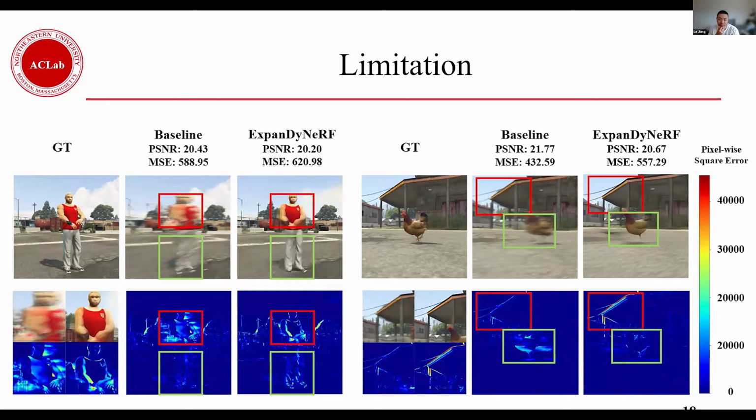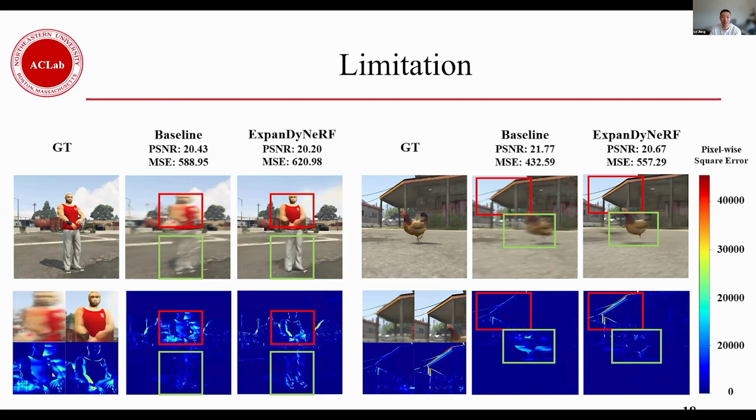Yeah, actually, for some rapidly moving objects, we have tested some, because in GTA 5 the humans and animals have different types of actions.